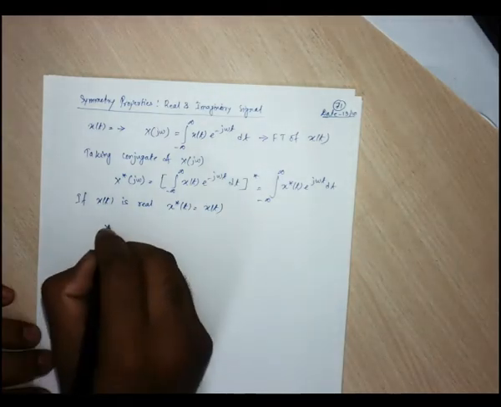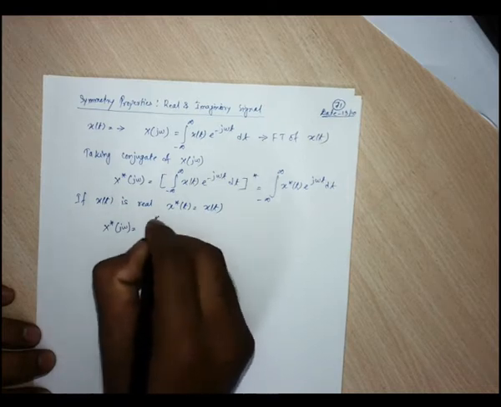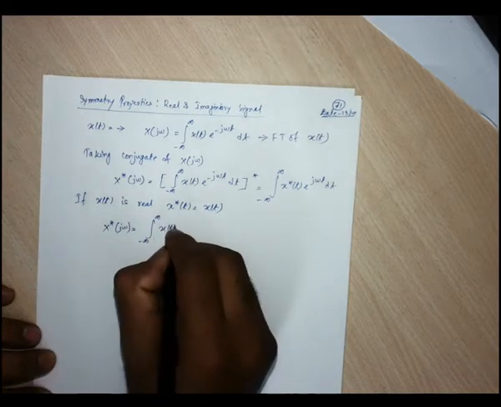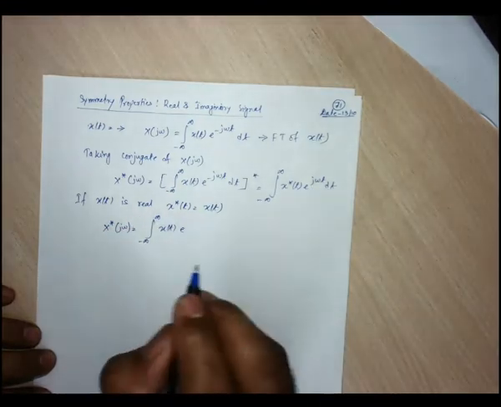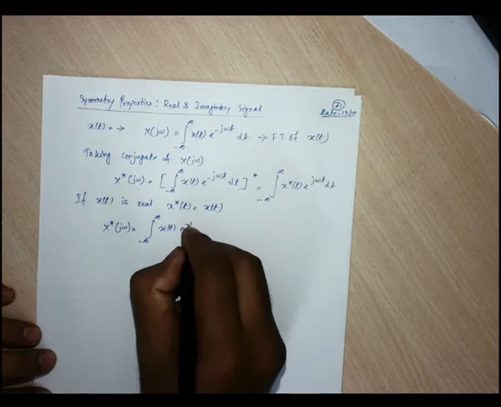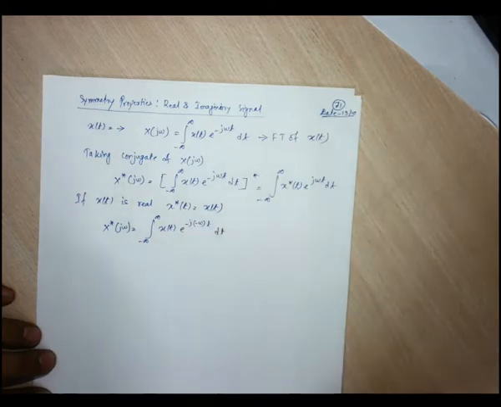Our X conjugate of j omega will become the integral from minus infinity to infinity of x(t), and we can write the plus j omega t as minus j times minus omega t, dt, right?